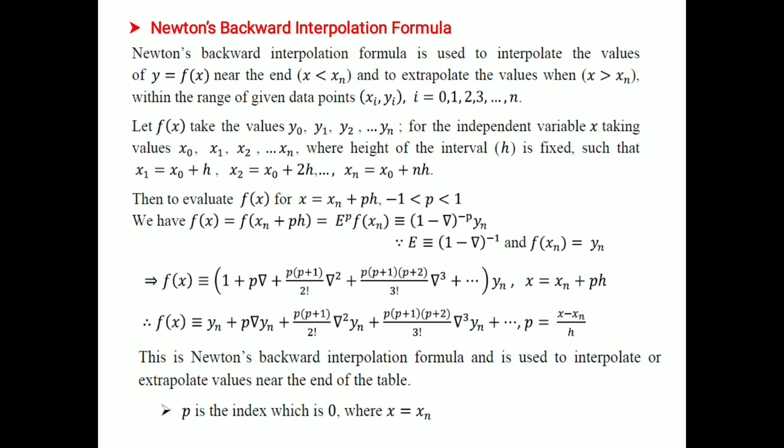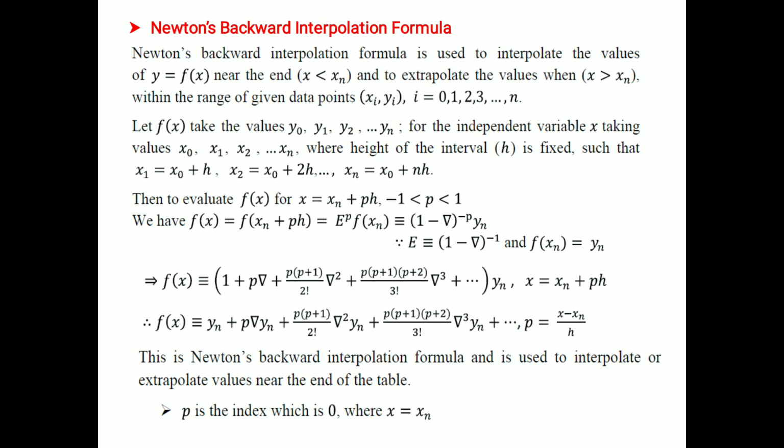Let f of x take the values y0, y1 up to yn for the independent variable x taking values x0, x1, x2 up to xn, where the height of the interval h is fixed such that x1 is equal to x0 plus h, x2 is equal to x0 plus 2h, and xn is equal to x0 plus nh.